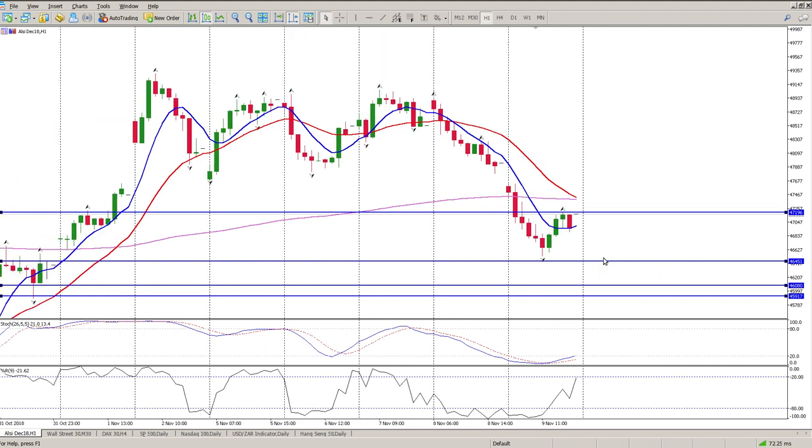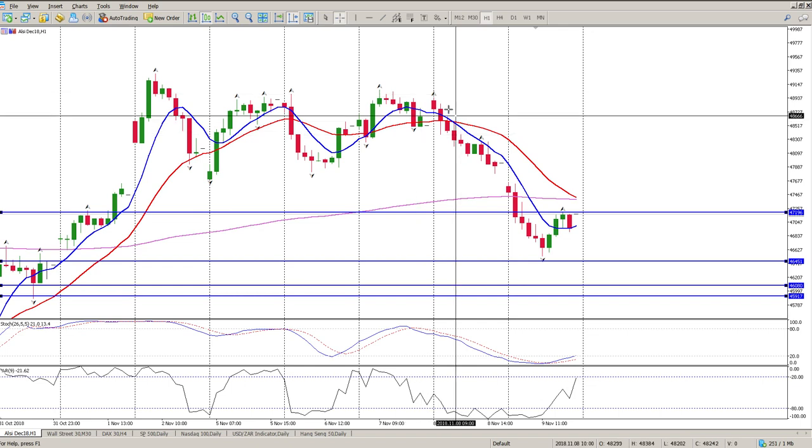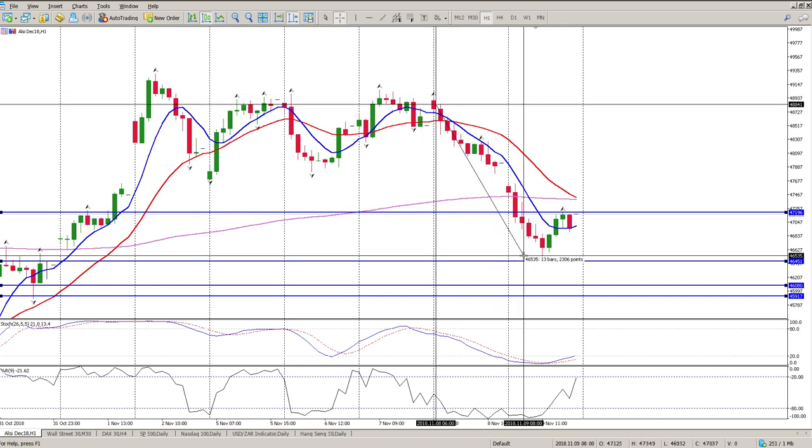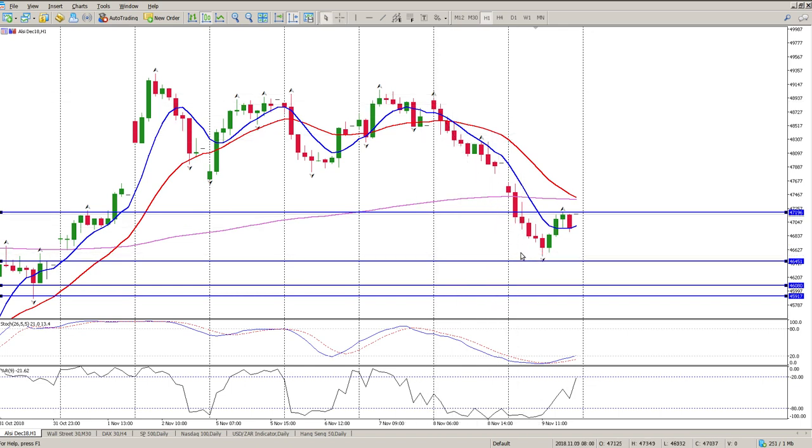So that's my take at the moment. I'm expecting more of a downside, and I'm expecting a second move for this 2-day fall, which was well over 2,000 points.